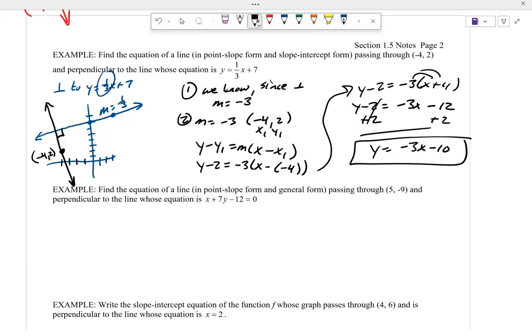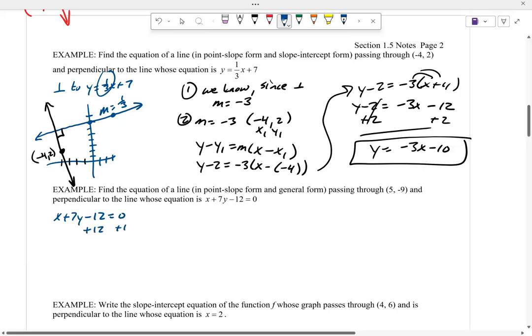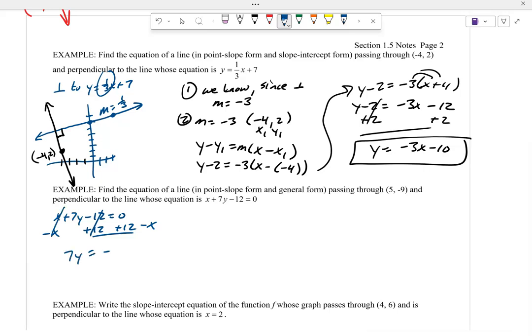This next problem is a good you-try-it problem if you want to pause the video. Here we've got one in general form, not a very useful form. I'm going to put this into slope-intercept form so I can identify the slope, subtracting x at the same time. So my slope is y = -1/7 x + 12/7, right?